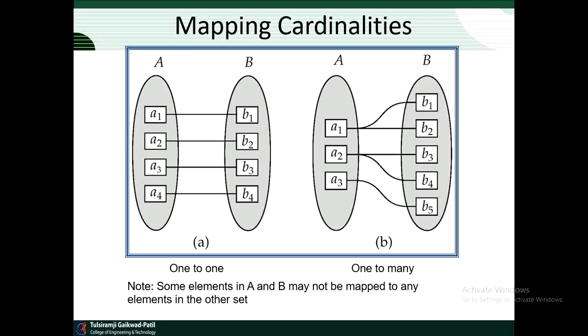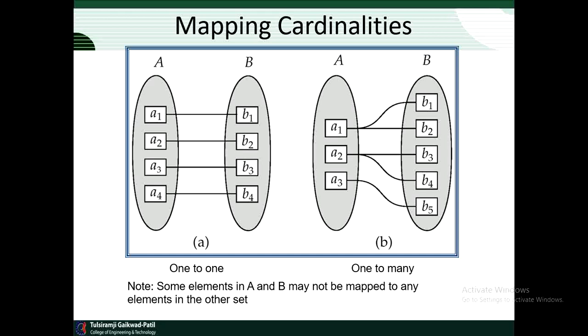Here in this diagram you can see figure A represents one-to-one mapping cardinality and B represents one-to-many mapping cardinality. Here we have two entity sets, entity set A and entity set B. Entity set A has attributes A1, A2, A3 and A4. Likewise, entity set B has attributes B1, B2, B3 and B4.